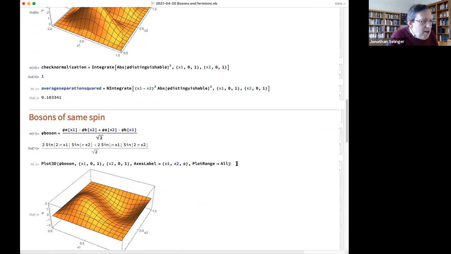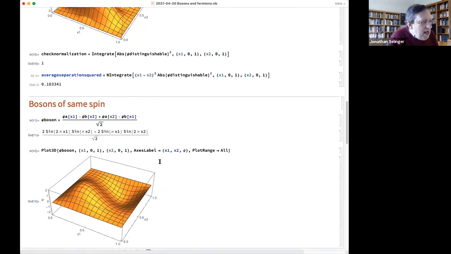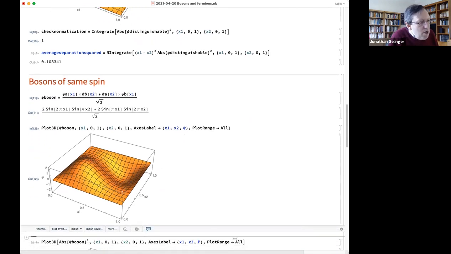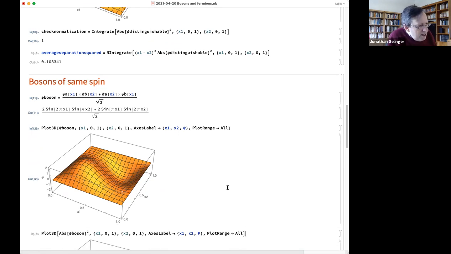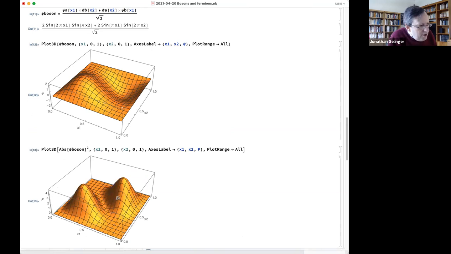Let's make a plot of that. Here is the plot of that function in terms of x1 and x2. And then the probability is that wave function squared. So it looks like this. You can see just with your eyes, this is different from the case before.